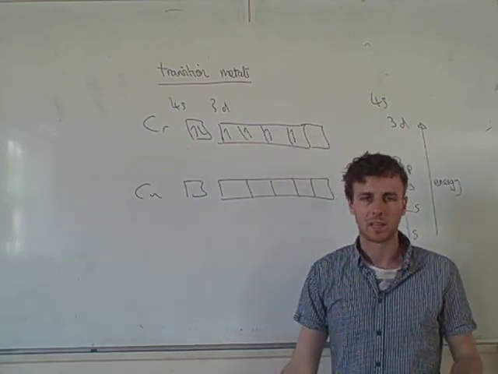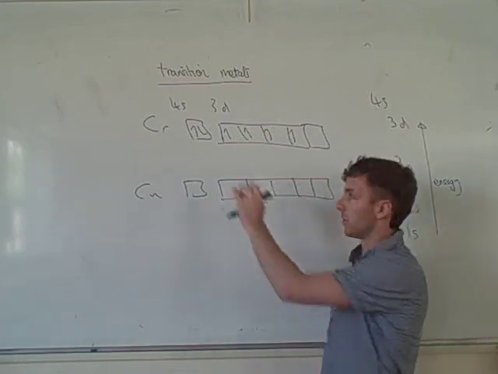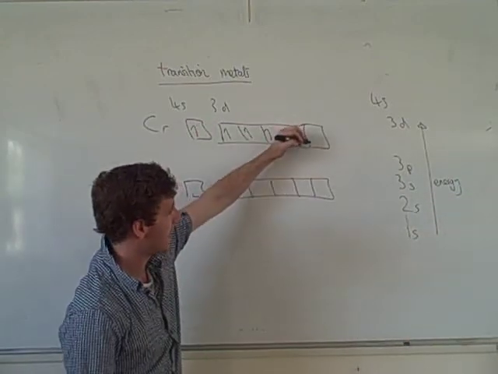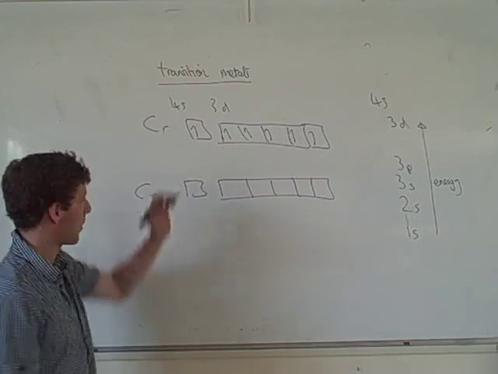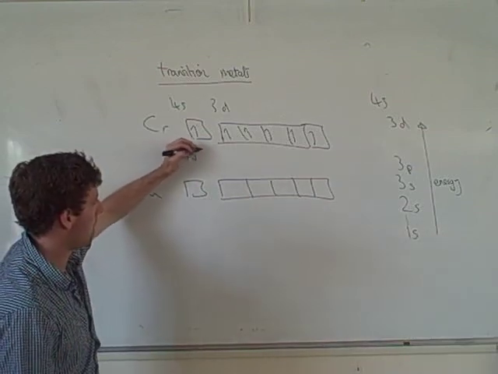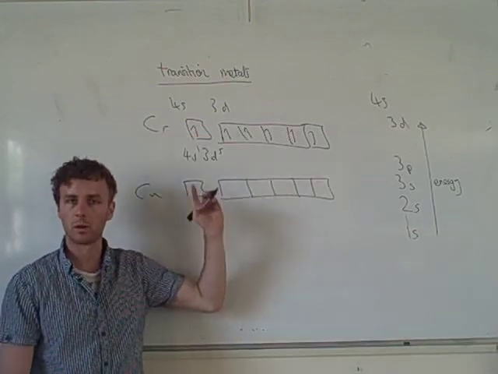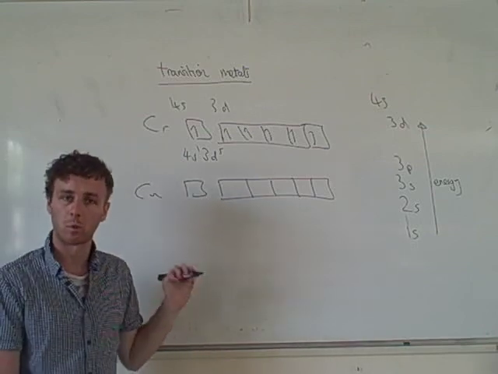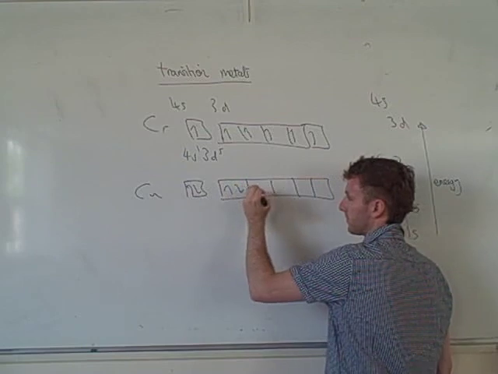So atoms like to be stable, that's what they want to do. In order to make itself more stable, what it does is it shunts one of these 4s electrons into this orbital here. So if I was to draw the electronic configuration for chromium, it would be 4s1, 3d5. So we can have an equal number. And a very similar reason is why copper also has a 4s1 configuration. You would imagine copper looks like this.